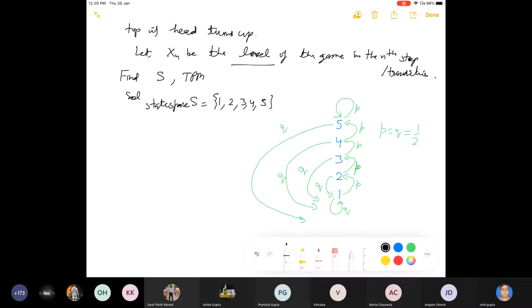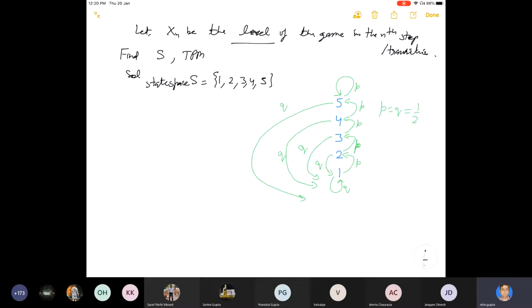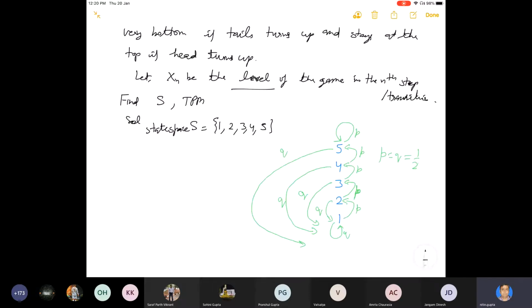Now it is clear that Xn is a discrete time Markov chain, because the future depends on, because you know that Xn plus 1 is equal to j, given Xn is equal to i, Xn minus 1 is equal to i minus 1, and so on. So what is the level?